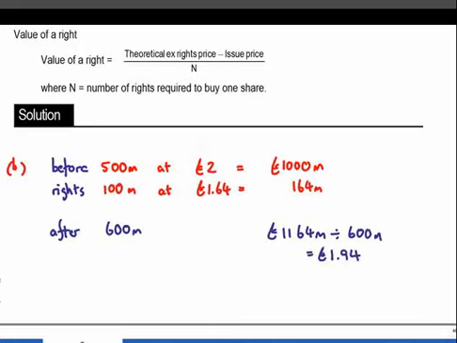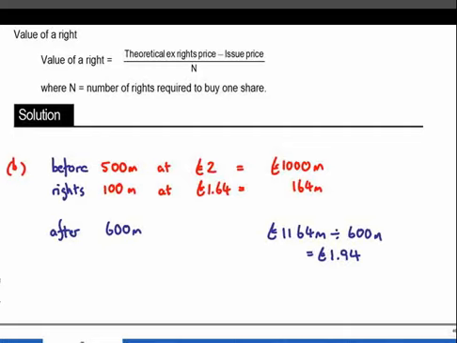The £1.94 is the price of all the shares after the rights issue. You'll see in lecture example 1 that there are some formulae that you can use to develop these numbers. The formulae are given on the formula sheet, but actually they're quite complicated, and as you can see, there's no need to use them here.